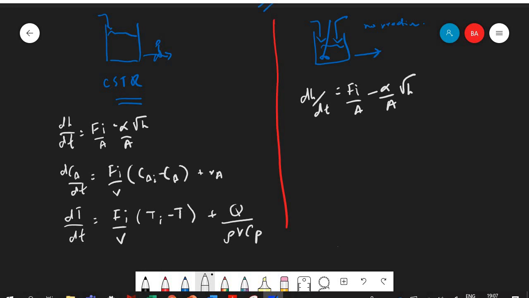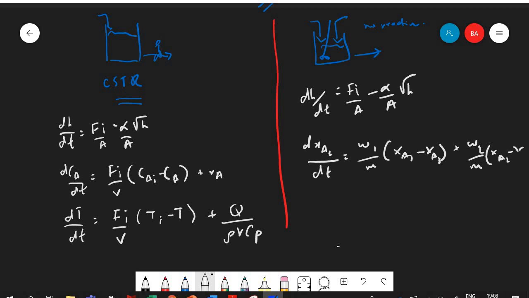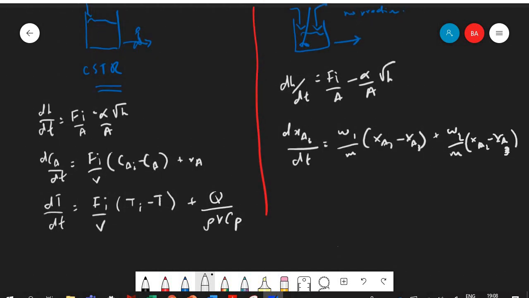But for the mixing process itself, the equation that we obtained was dXA3 over dt, because it's liquid, is equal to W1 over M into XA1 minus XA3 plus W2 over M into XA2 minus XA3.